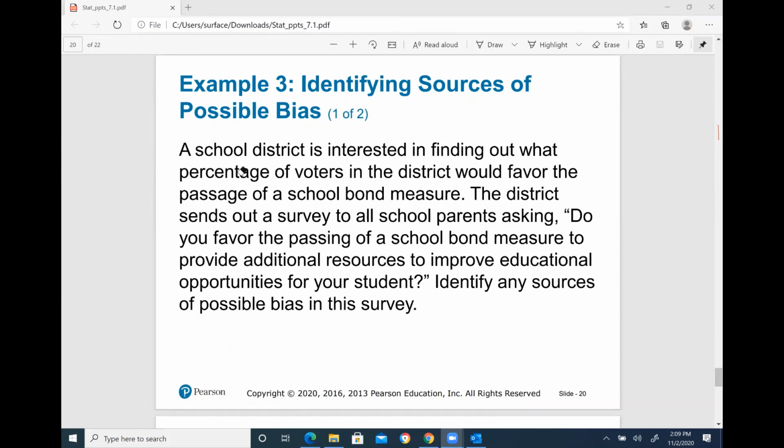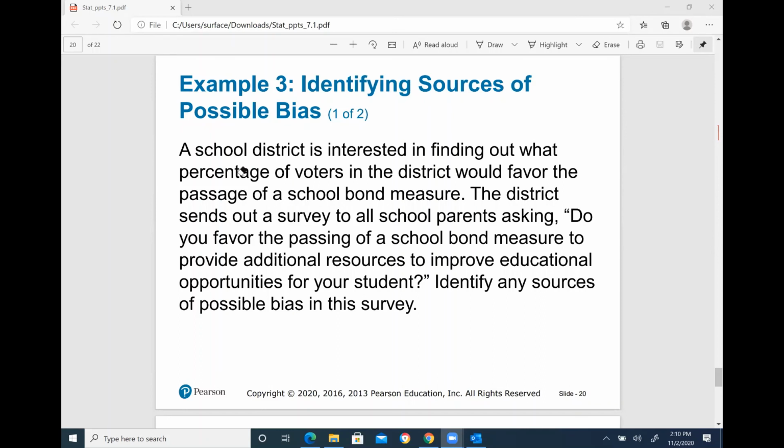We would suspect their answers. They might answer based on their own understanding of this. They might think the other way, not exactly as the question asked.